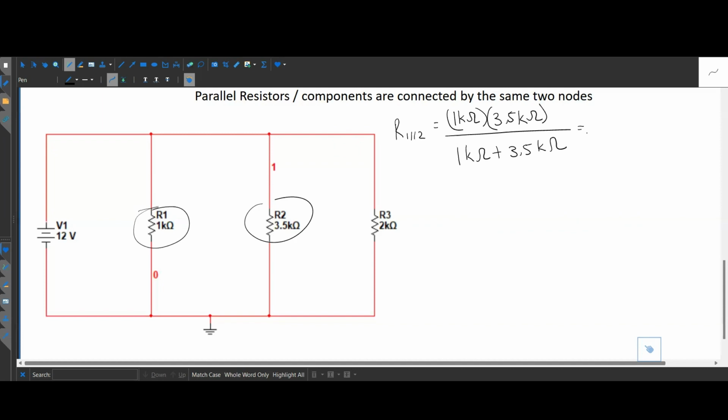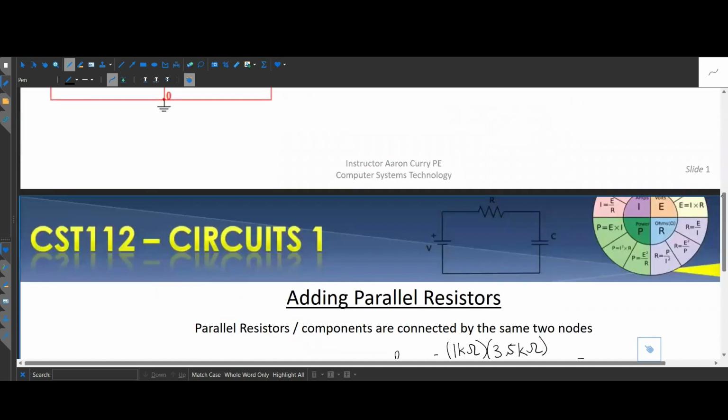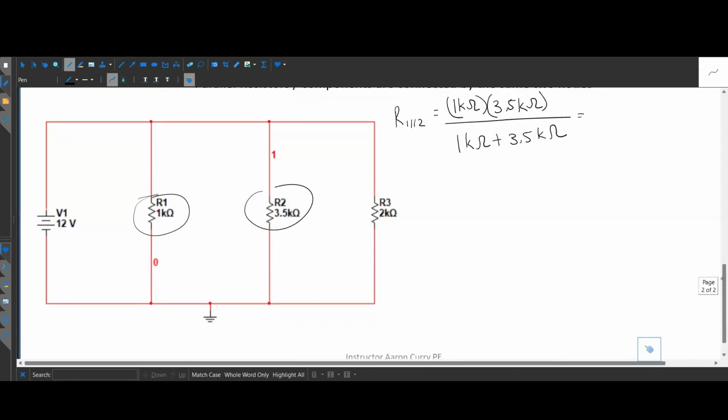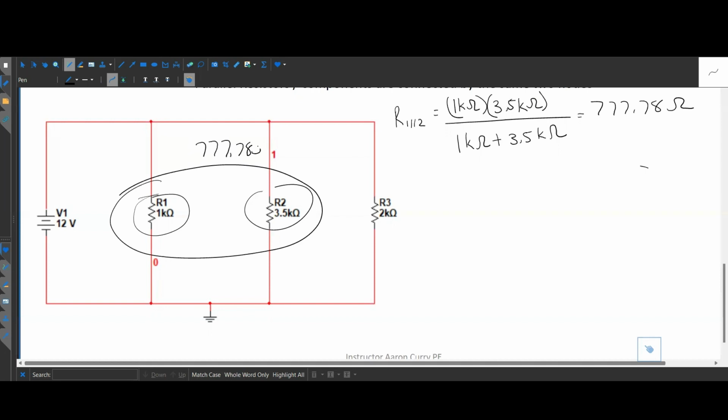This is basically what we had before, which was 777.78 ohms. What we have just done is combine these two together and make one equivalent resistor, which is 777.78 ohms. Now we can take this value and apply the same formula to the next resistor to get the R total.